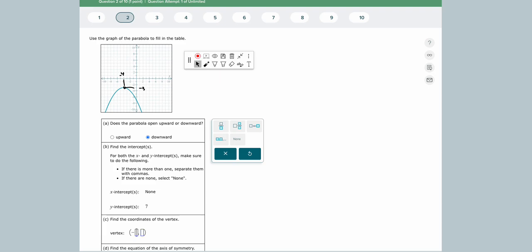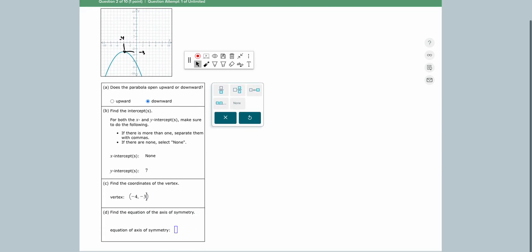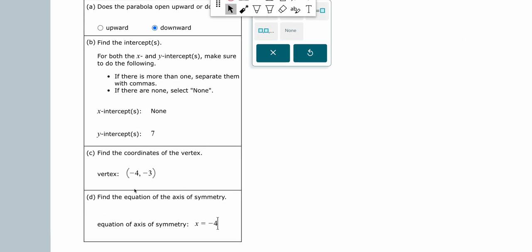That's going to be -4 because that's the x first, then -3. Axis of symmetry, remember, it's an equation. So it has to be what? x equals, my x value right there is -4. Okay, I take whatever the x value is and I have to write x equals.